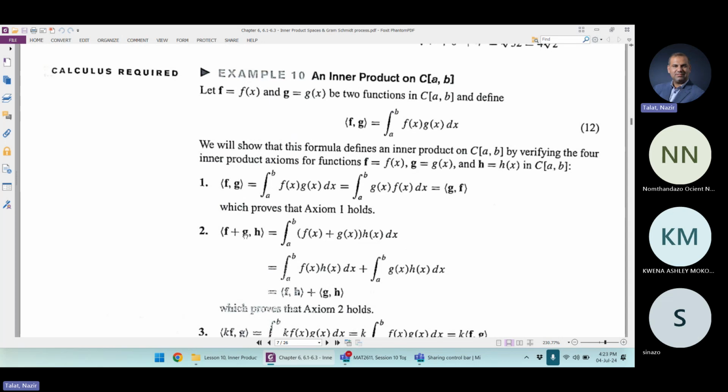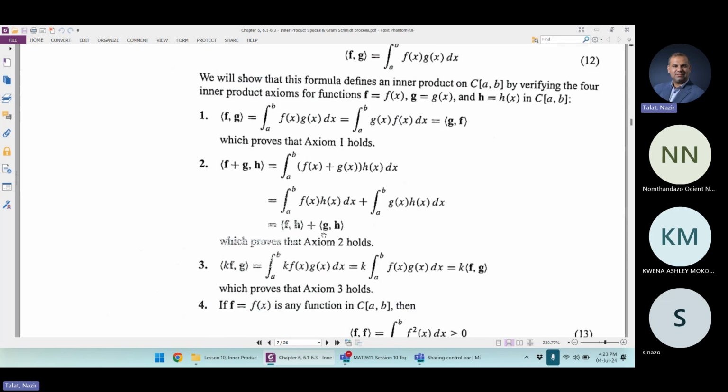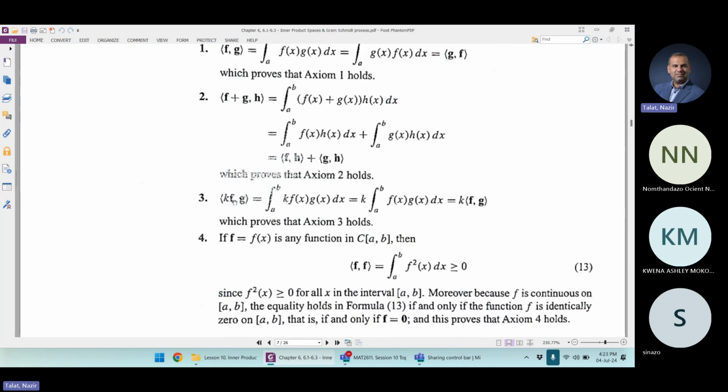The inner product of f plus g with h is again equal to the inner product of f and h plus the inner product of g and h, meaning it satisfies the distributive property. The inner product of k times f with g is equal to k times the inner product of f and g. And moreover, the inner product of f with f is the integral of f square dx, which is always greater than or equal to 0.